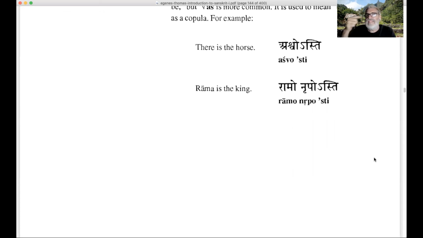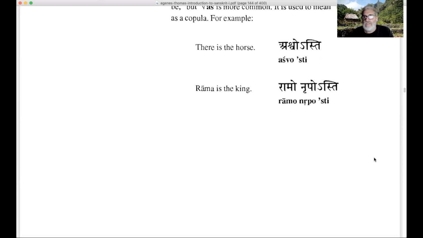Rama is the king. Now we notice here that Rama and Nripa are both in the same case and the same number. They're both masculine; Rama is a masculine noun, Nripa is a masculine a-ending noun. But they're both nominative and both singular.